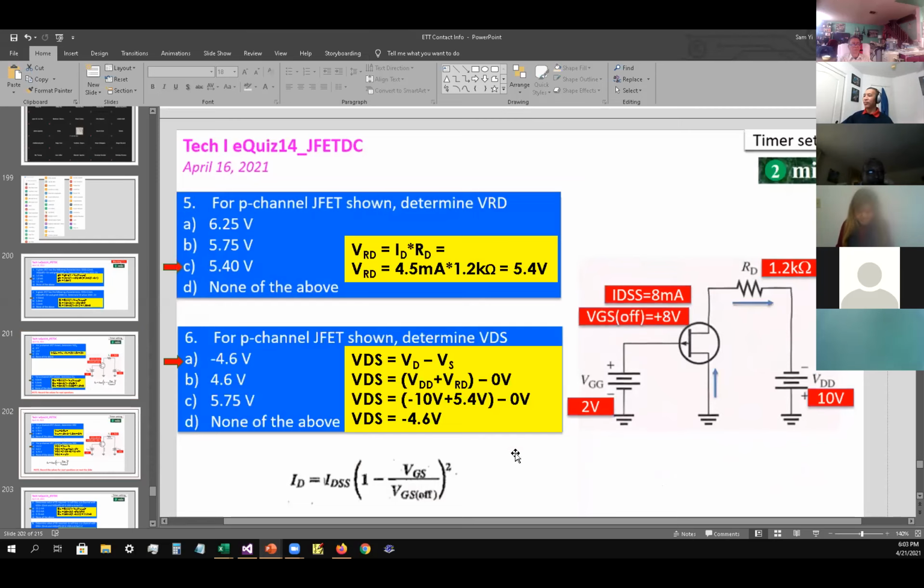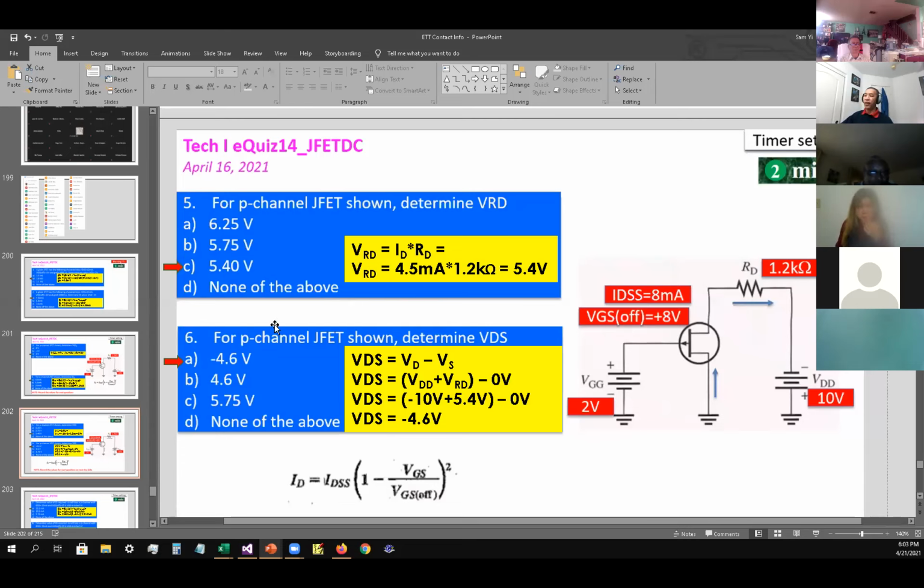All right, number 5: for the p-channel JFET shown, determine VRD. VRD equals ID times RD. ID was from number 4, which is 4.5 milliamps, times 1.2 kilohms for RD. So your answer comes to 5.4 volts.